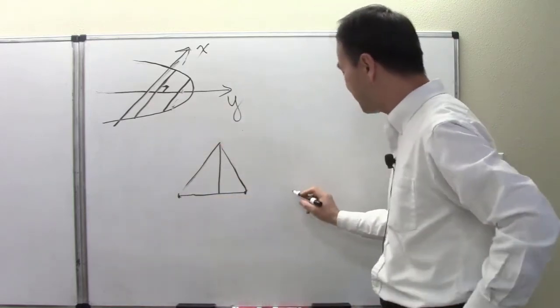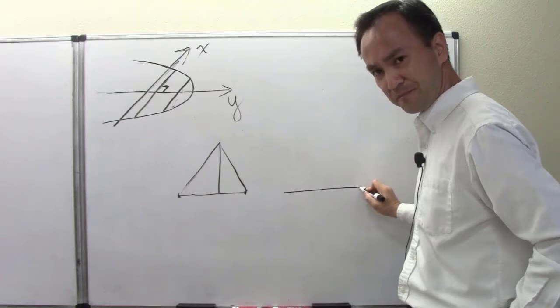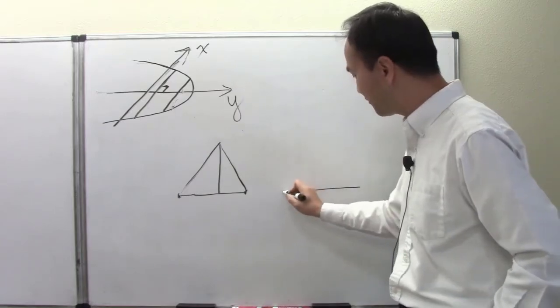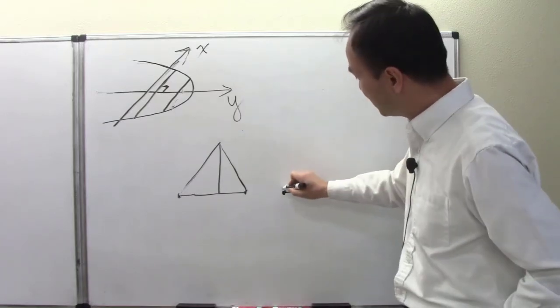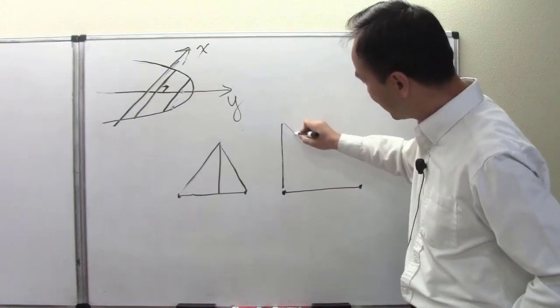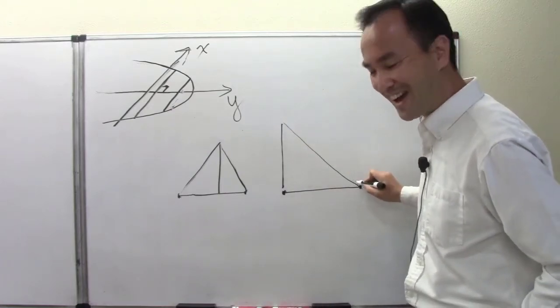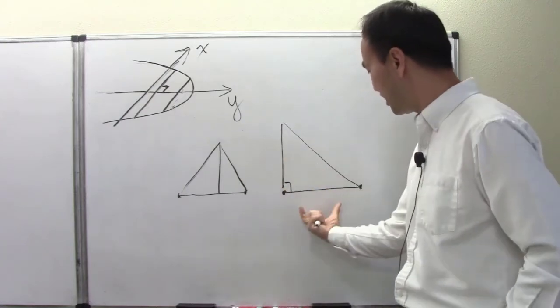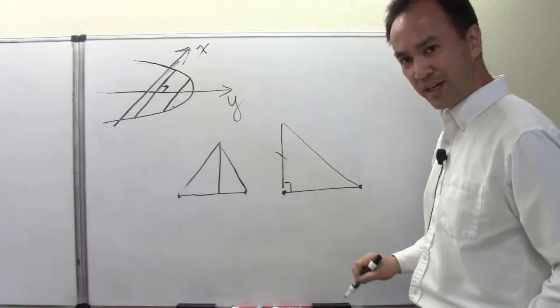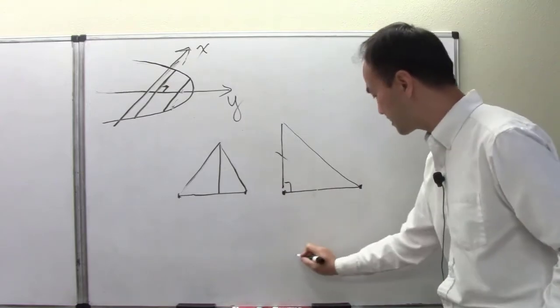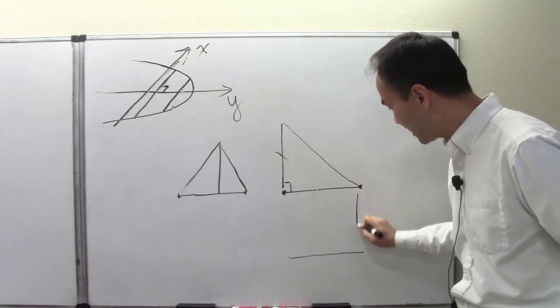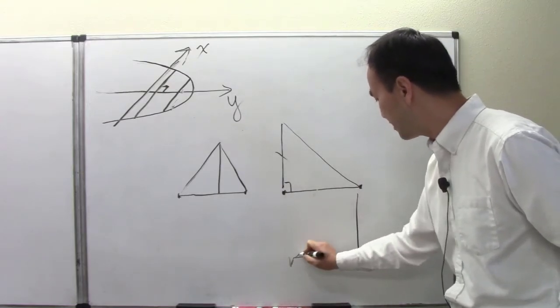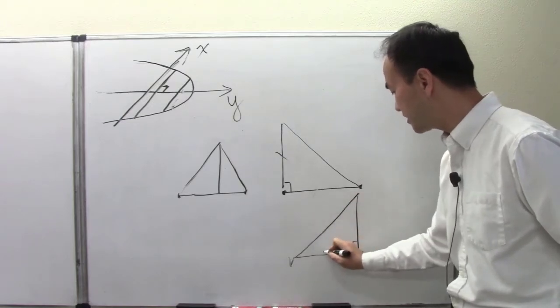We can have a different version, same description. How about I put the height right there, and now that becomes a right isosceles triangle for us. The height and the base are equal. With the same base, same stripe, we can put the height the other way around, so that we have a different isosceles right triangle.